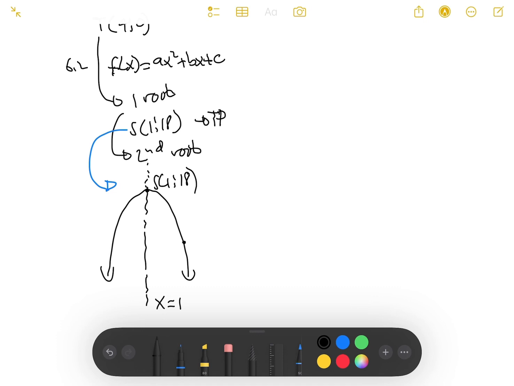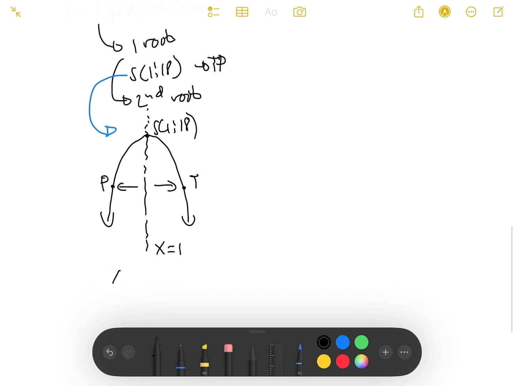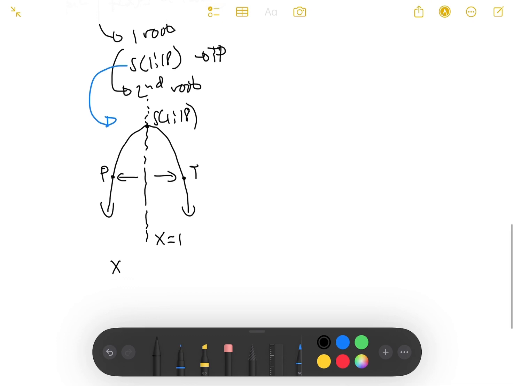And then here we're at point T, and then here we have P, with the same distance from here, same distance to there, right? Therefore, another thing we have to notice is that the x-coordinate of the turning point, or the axis of symmetry, which is basically xs, is the average of P and T, since it's in the middle.